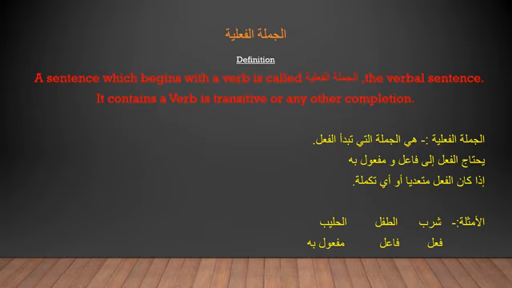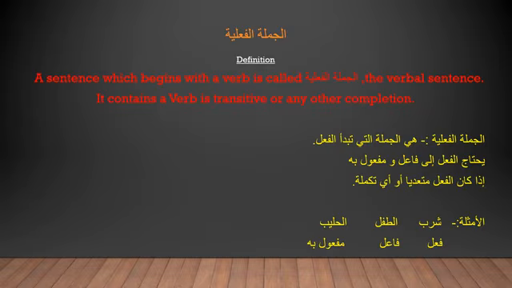So here shariba is the verb. This sentence begins with a verb. That is why it is called jumlatul fi'liya. In the previous year in class 9 you learned al-jumlatul ismiya, the nominal sentence.